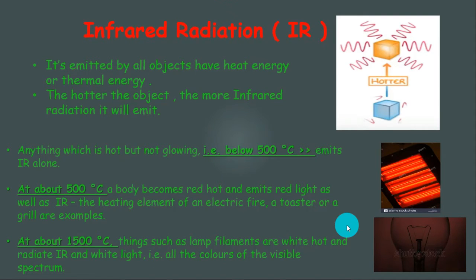The first case, if the object is less than 500 degrees Celsius, only infrared radiation is emitted, the same as our bodies. We don't glow, we don't give color, only infrared radiation, which we cannot see with our own eyes. At 500 and more, red color and infrared. More than 1500, white light and infrared radiation.